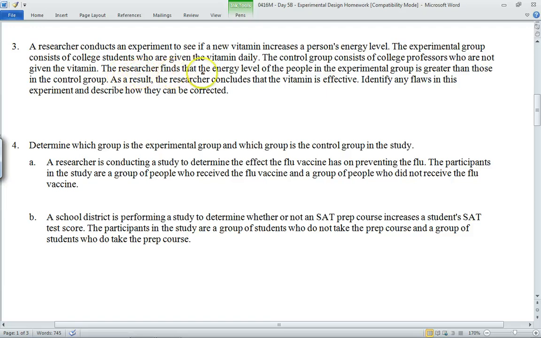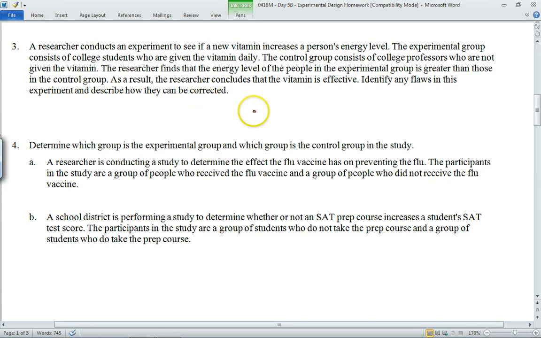The researcher finds that the energy level of the people in the experiment group is greater than those in the control group. As a result, the researcher concludes that the vitamin is effective. Identify any flaws in this experiment and describe how they can be corrected.